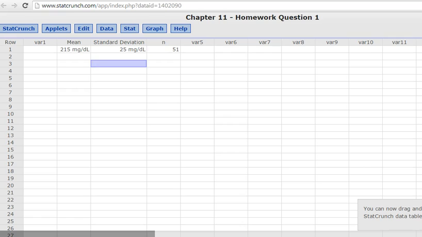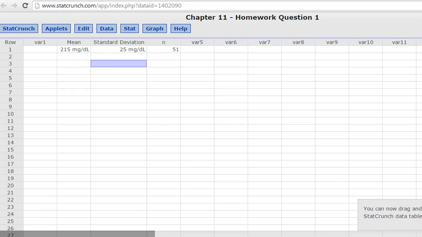In homework problem 1, we're told that according to recent studies, cholesterol levels in healthy U.S. adults average about 250 milligrams per deciliter with a standard deviation of about 25 milligrams per deciliter. These cholesterol levels are roughly normally distributed.